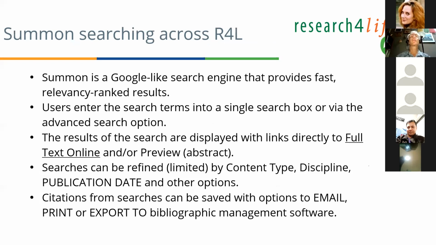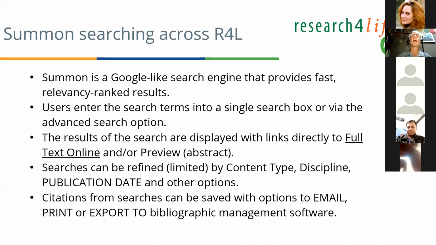Summon is a Google-like Scholar search engine that provides fast and relevance ranking. It's basically a keyword search, just like Google is, although they try to rank the priority of usage and how it links to the terms you have used. Enter search terms in a single box. The results are displayed with links to the full text.